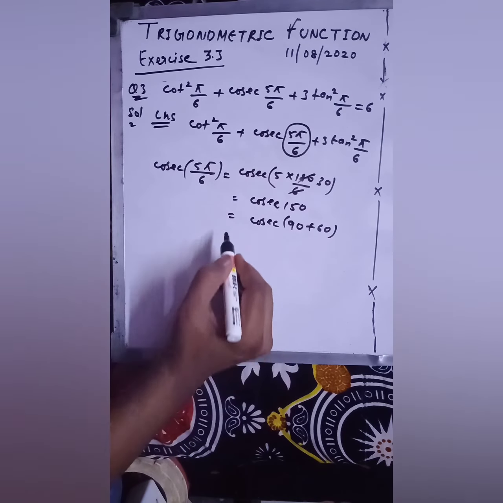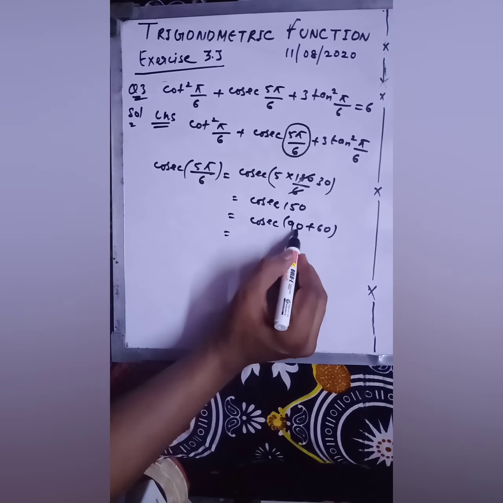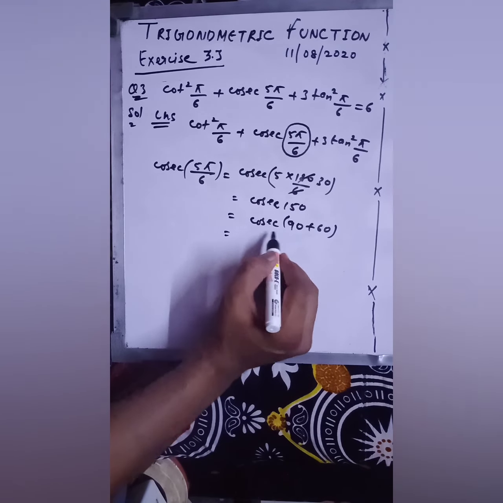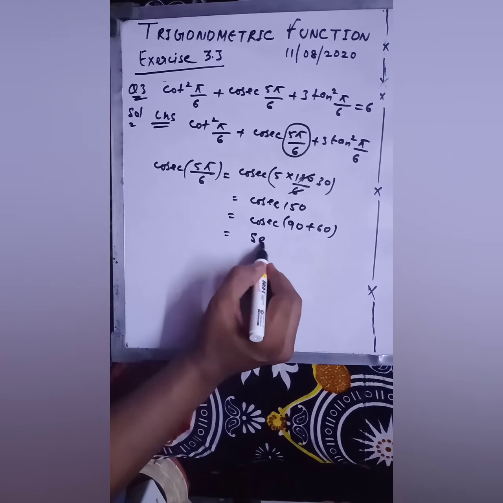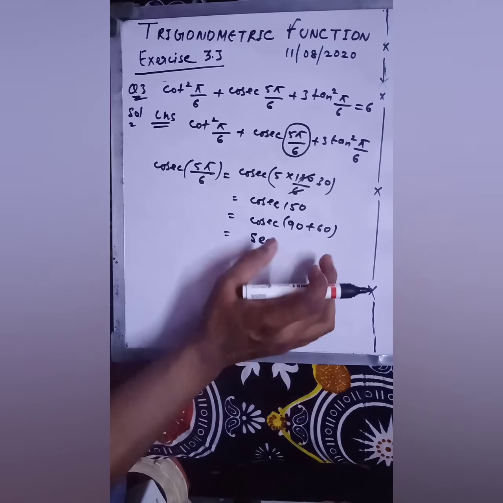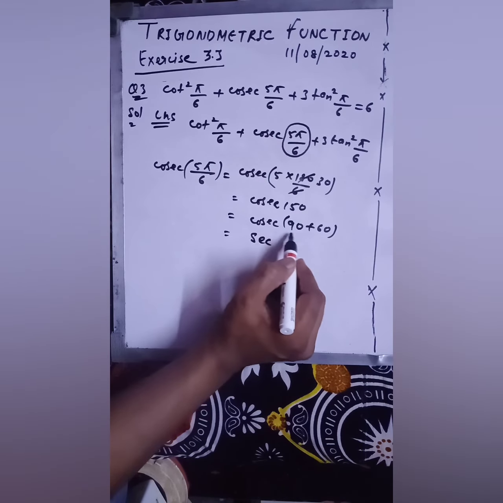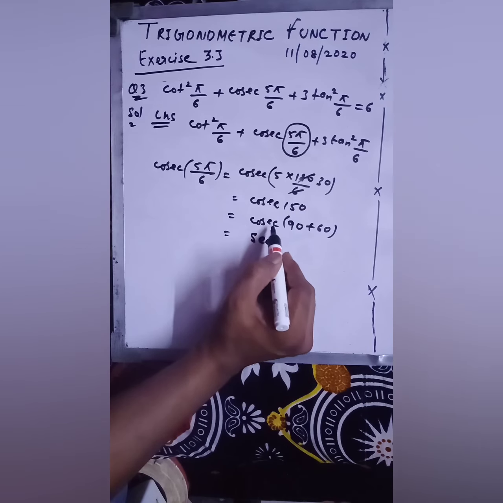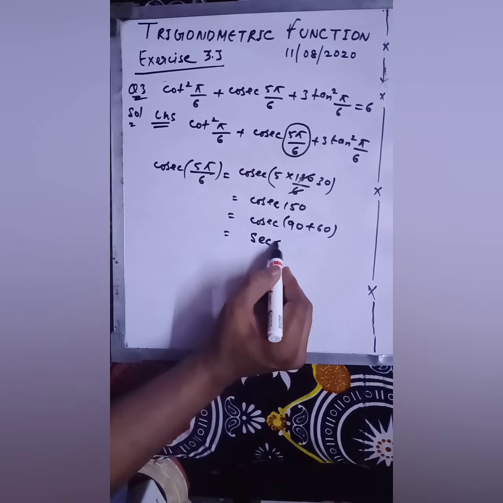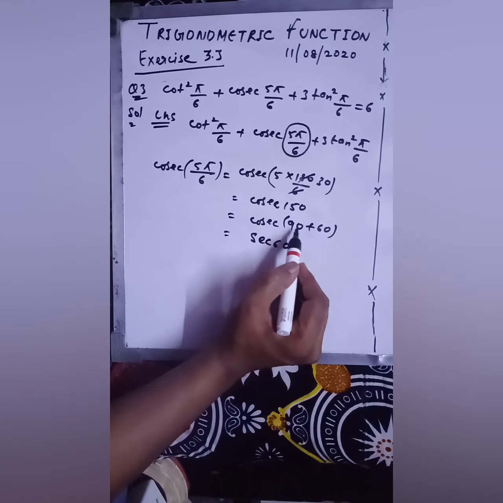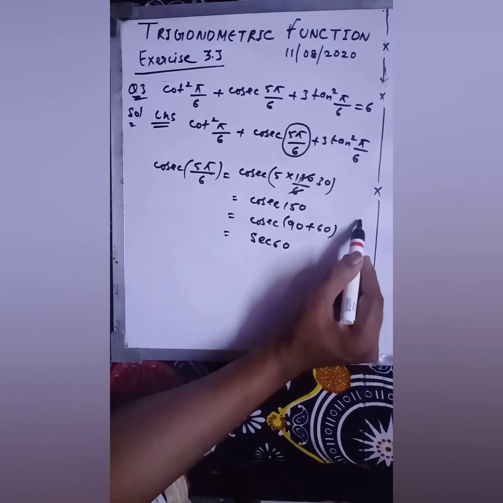Here since 90 you are using, cosec will change into sec. This concept you will see in the starting of this video. So you will write sec 60. Now you have to check in which quadrant the value is lying.